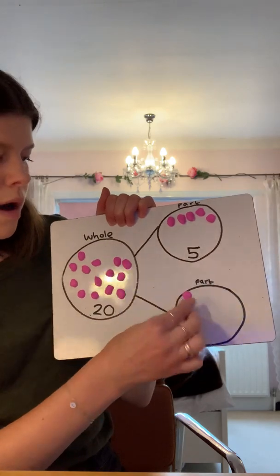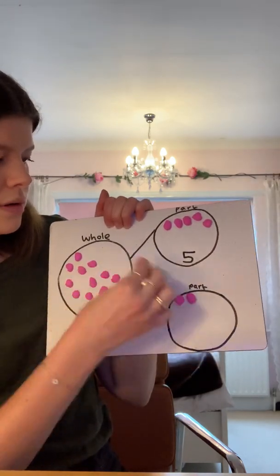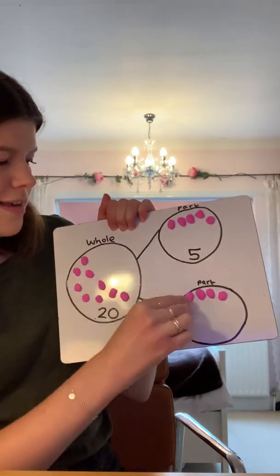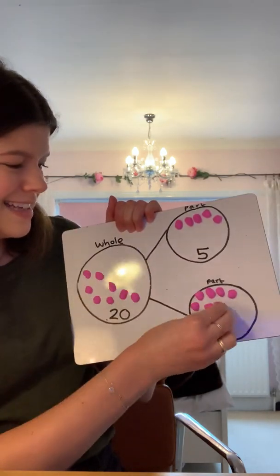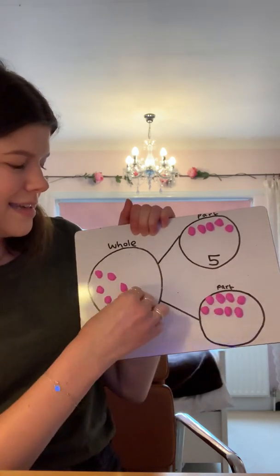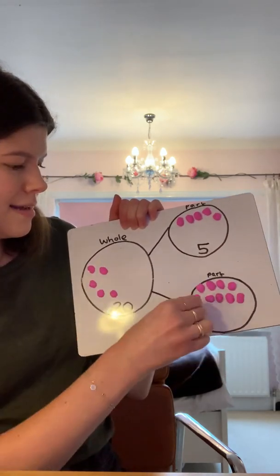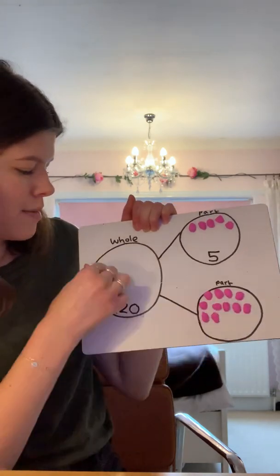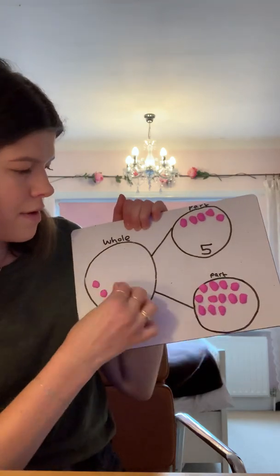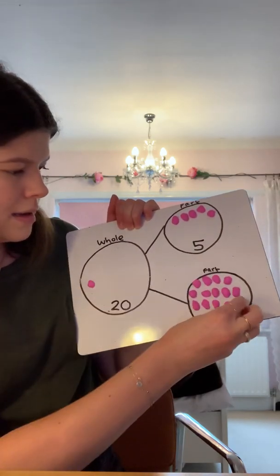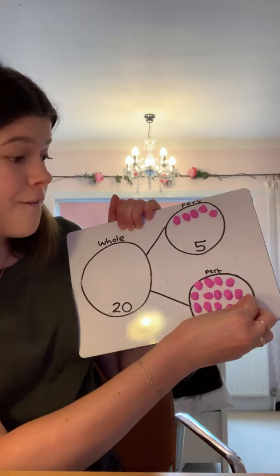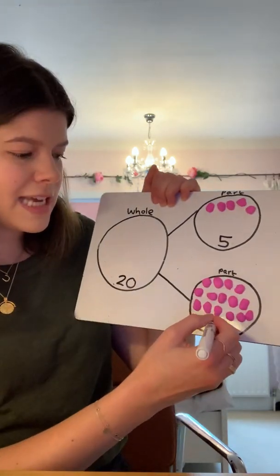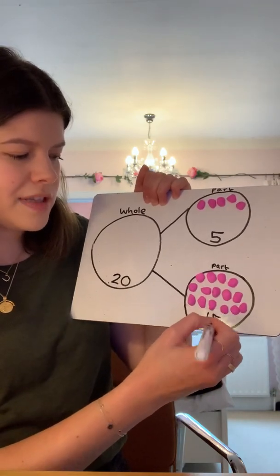Start with 1. 1, 2, 3, 4, 5, 6, great counting, 7, 8, 9, 10, 11, make sure I'm spreading them out, 12, 13, 14, 15. How many in this part? 15. So I write 15.